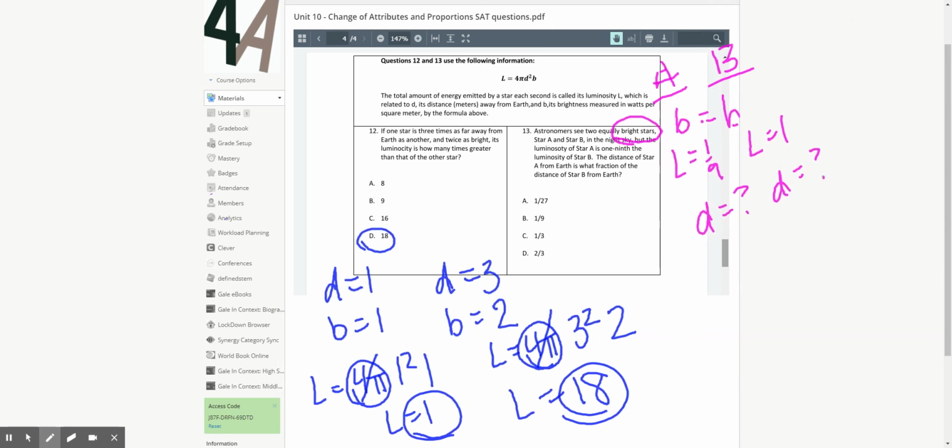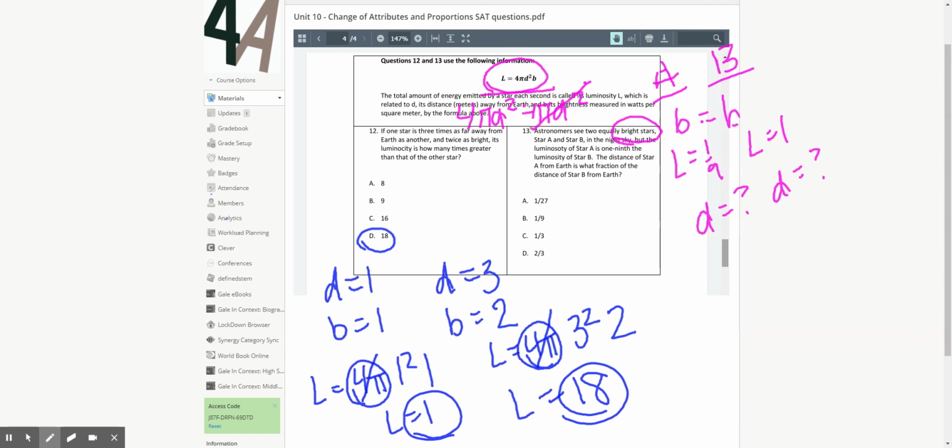Okay. So, if the brightness is equal and the luminosity is 1/9, what if we take this equation and we divide it? So we divide both sides by 4 pi d squared and 4 pi d squared.